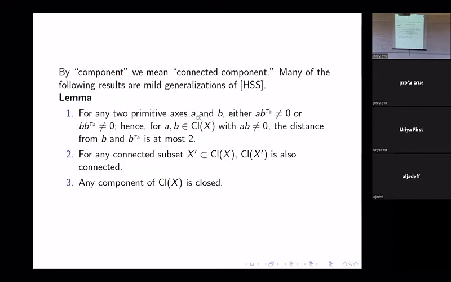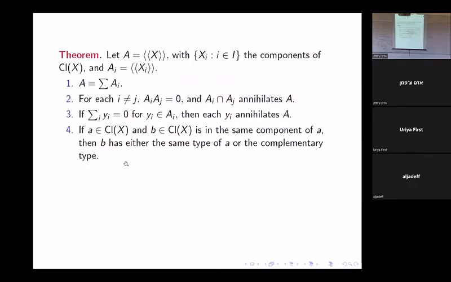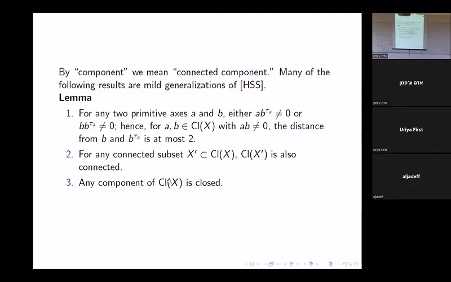If you have any 2 primitive axes, then A times the image of B under the Miyamoto involution is not 0, or B times the image of B is not 0. So the distance is at most 2, because you can go from A to B tau A. Any component that is closed, that's not trivial at all.